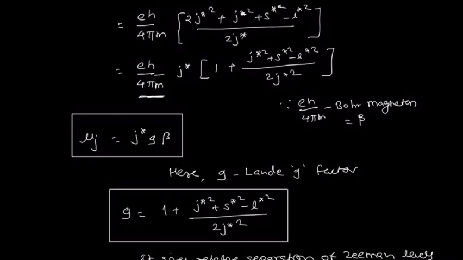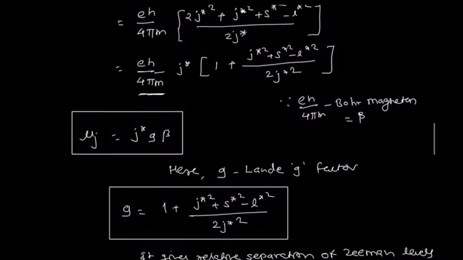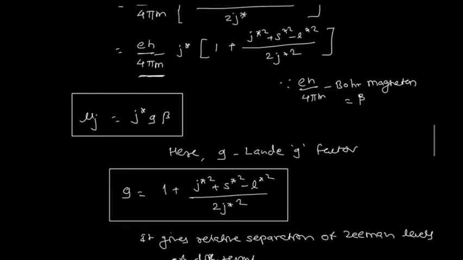Hence, for calculating the resulting value of μj, we get one more equation, and that is the relation for Landé's g factor: 1 plus (J*² + S*² − L*²) divided by twice J*².